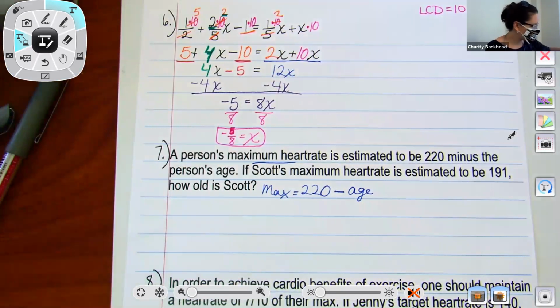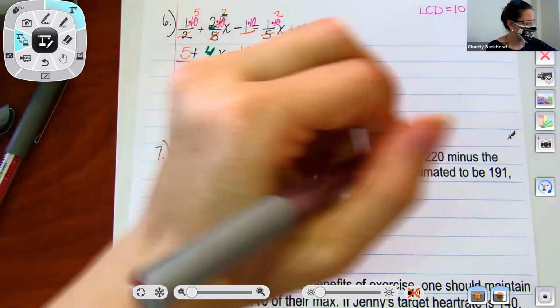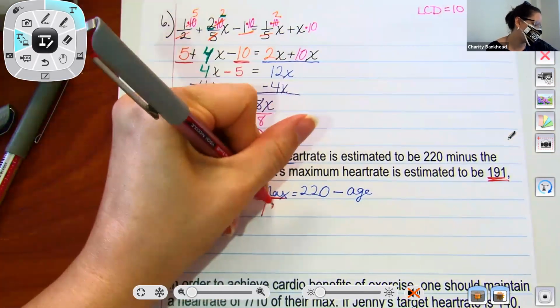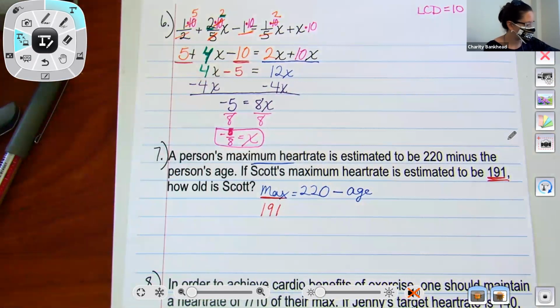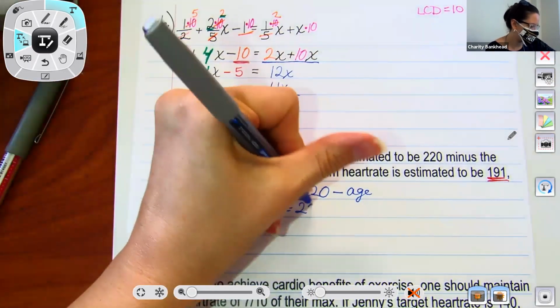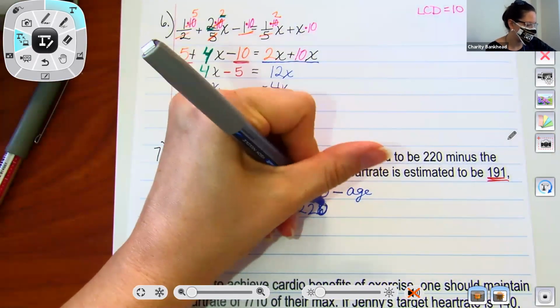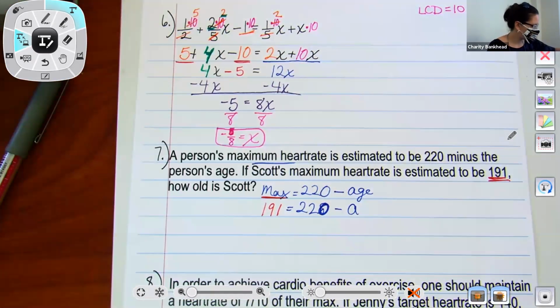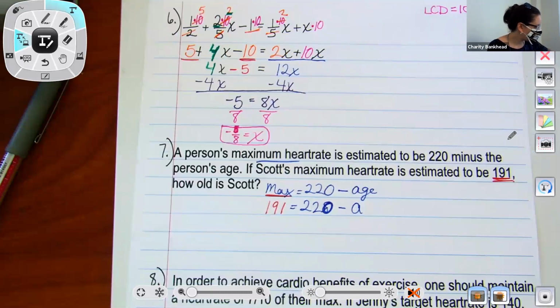Then it says that his maximum heart rate is 191. So 191 equals 220, and let's just call that A, 220 minus A for age, and we want to solve for A.